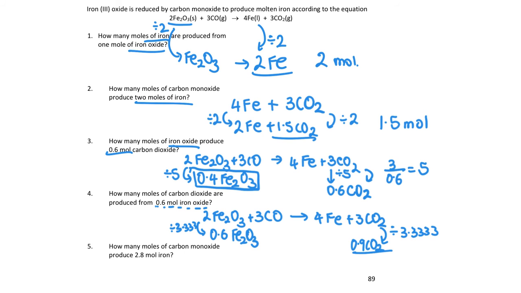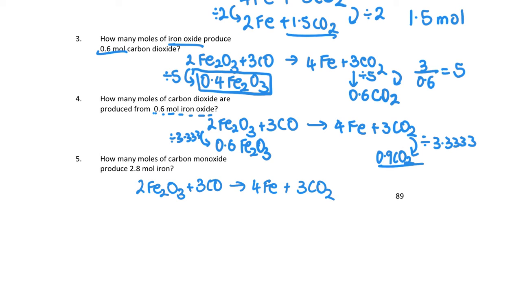Done. We got one last one. All right, I've written up the equation. How many moles of carbon monoxide produce 2.8 moles of iron? First of all, let's find that mole ratio. 4 divided by 2.8 comes to 1.43. I'm going to round that up.